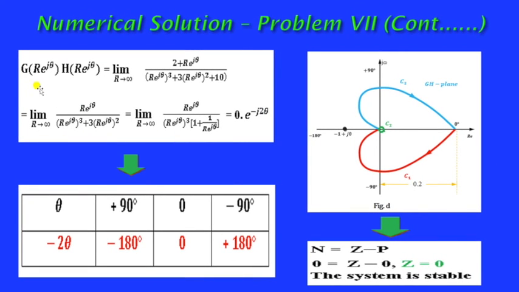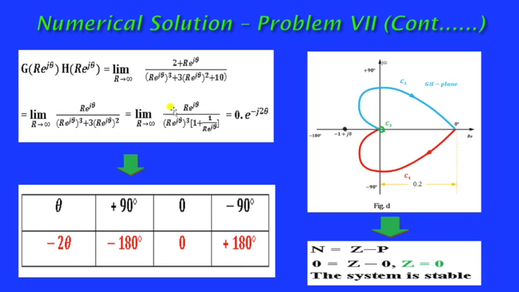Then find C2 path. Put s equal to r e to the power j theta and limit r tends to infinity. So (2 + r e^(j theta)) divided by ((r e^(j theta))^3 + 3(r e^(j theta))^2 + 10). Then 10 and 2 are cancelled.